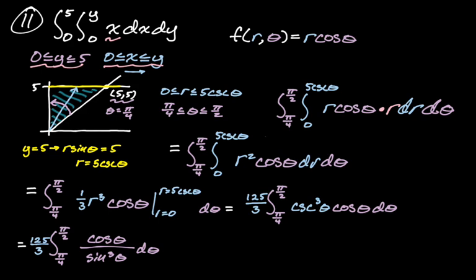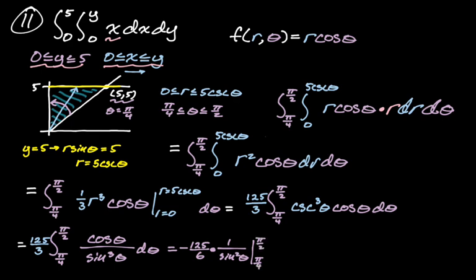So really it's u to the negative third, right? So plus 1 times the reciprocal is going to be negative 1/2 sine to the negative second. So negative 1/2 times 125 over 3 is negative 125 over 6. And then you get sine to the negative second, so I'm going to write 1 over sine squared.